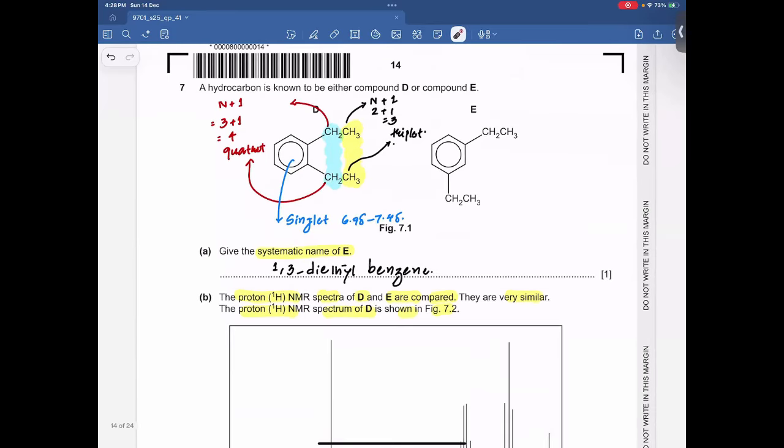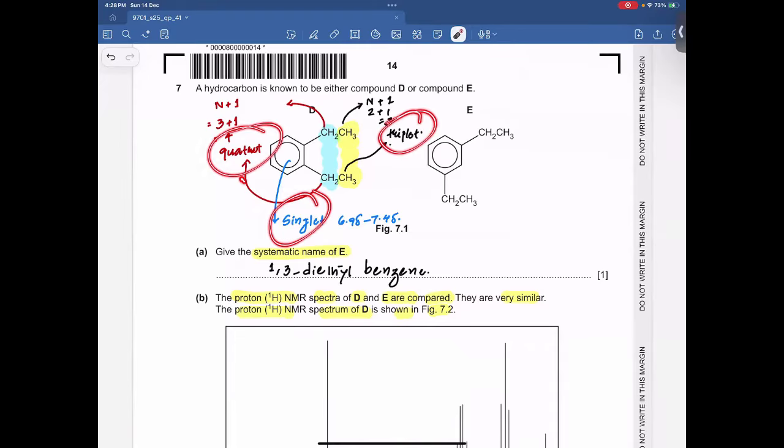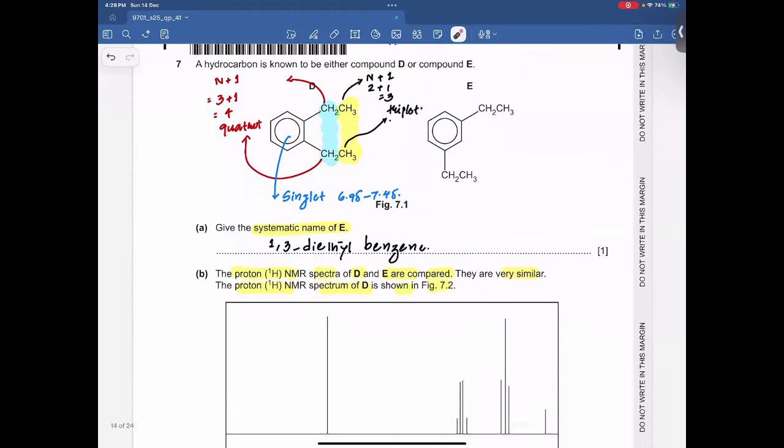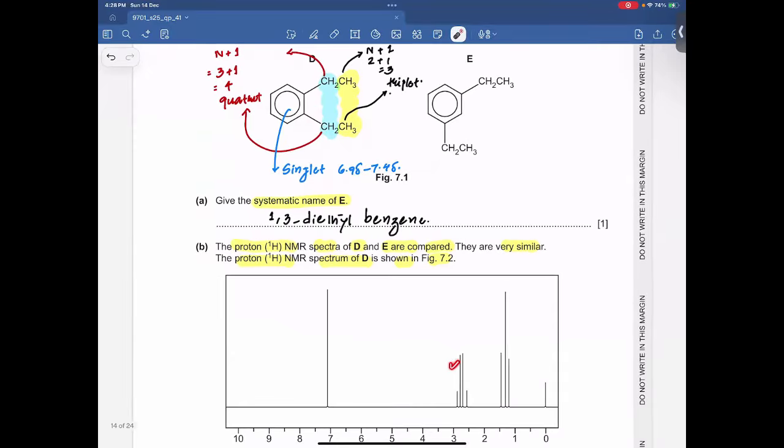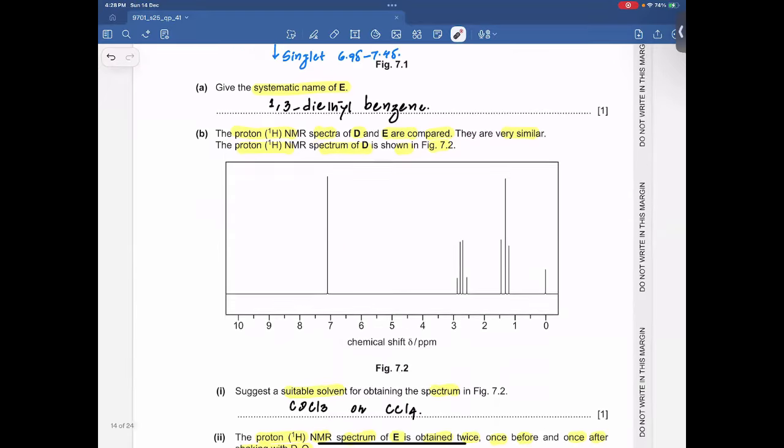All peaks are satisfied. The triplet peak has the lowest chemical shift because it is very far away from this functional group. CH2 is closer to the functional group, so its quartet peak has a slightly higher chemical shift. And benzene obviously has the highest chemical shift because of ring current and all that, if you have done it in class.